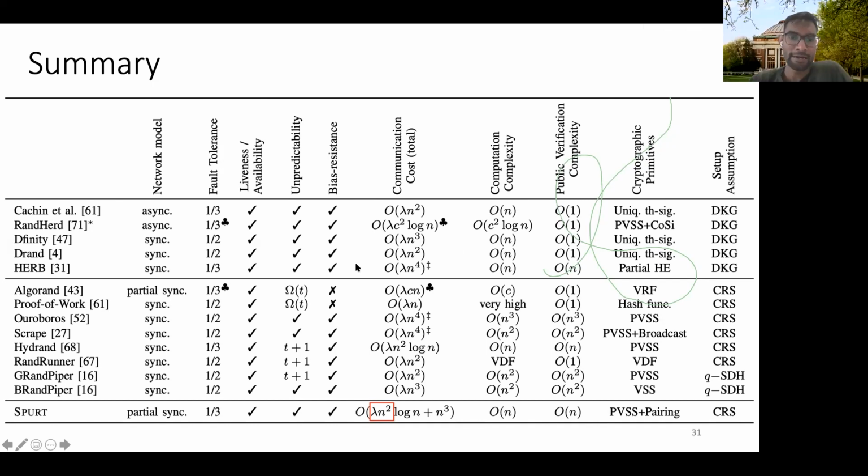Currently I think we have a protocol that can do order n square lambda in the same setting, even in the worst case. But we didn't write it yet. I have to make sure some corner cases of the proofs work, but that's something we have.